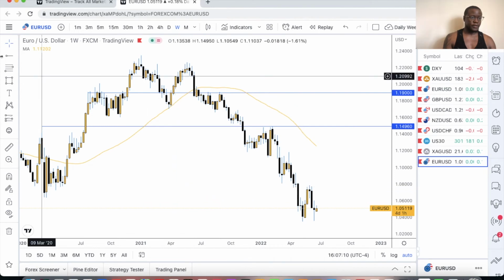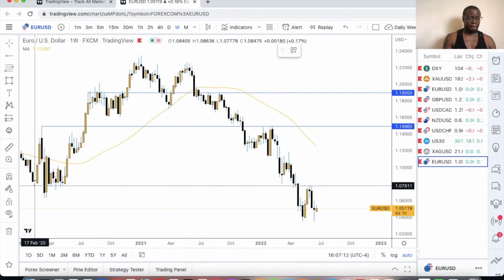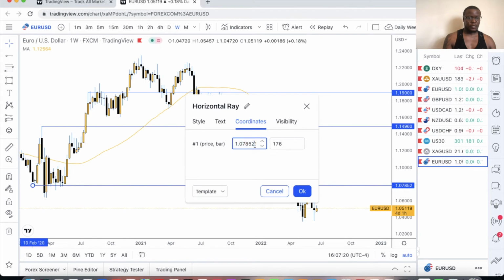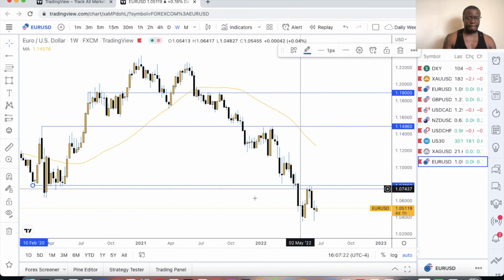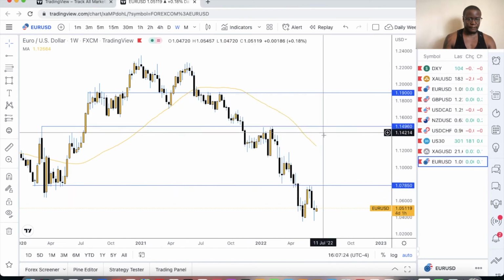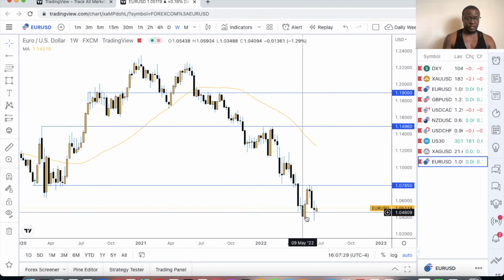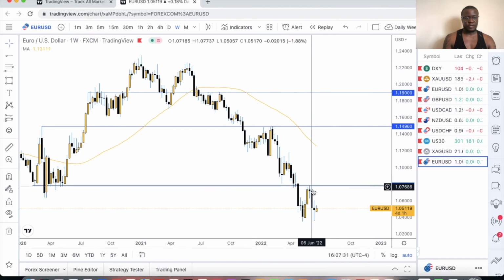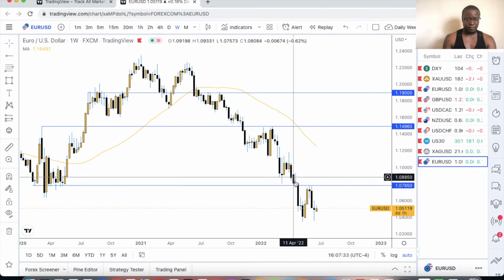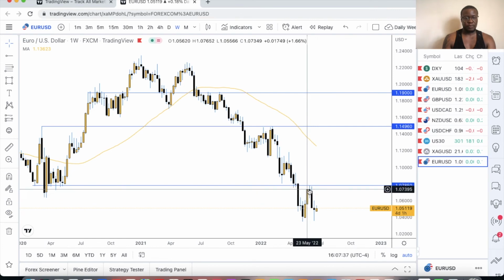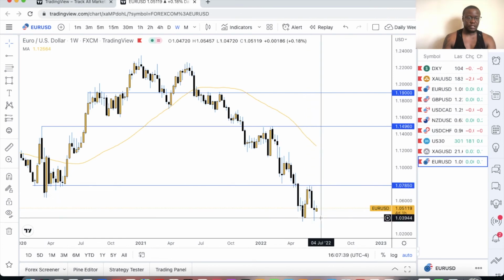Also, we have support right here. So we go 850. So nice round numbers. Market broke down and retested support, resistance, sorry. So it broke support and came back, retested, which was support turned resistance, and broke down even further.